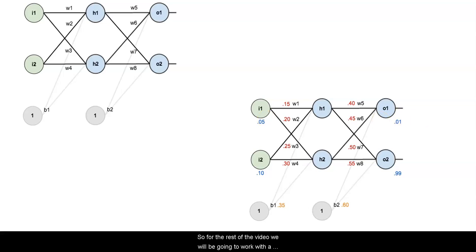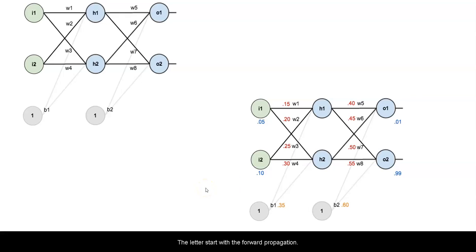For the rest of the video, we will work with a single training set with input 0.05 and 0.1, and we want the neural network to output 0.01 and 0.99.